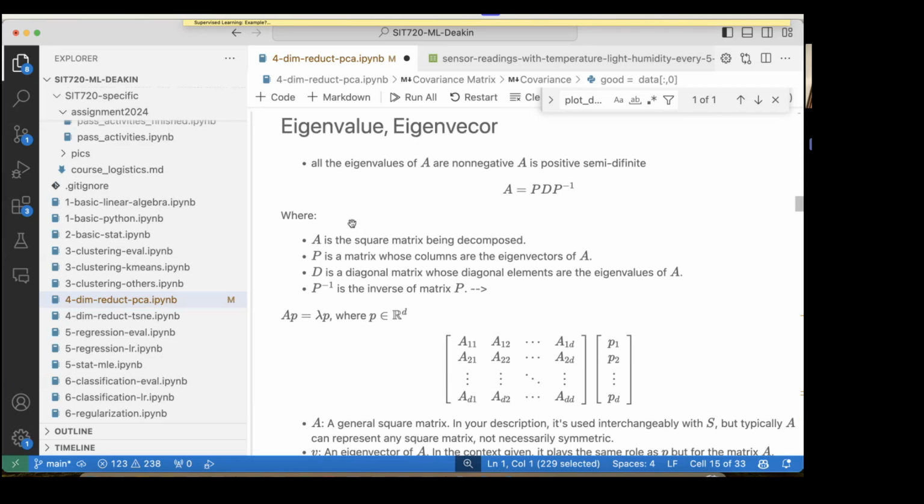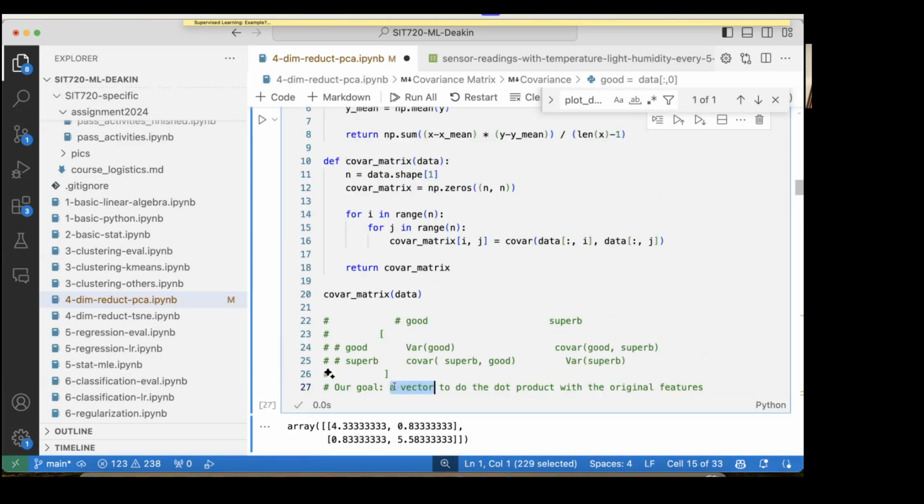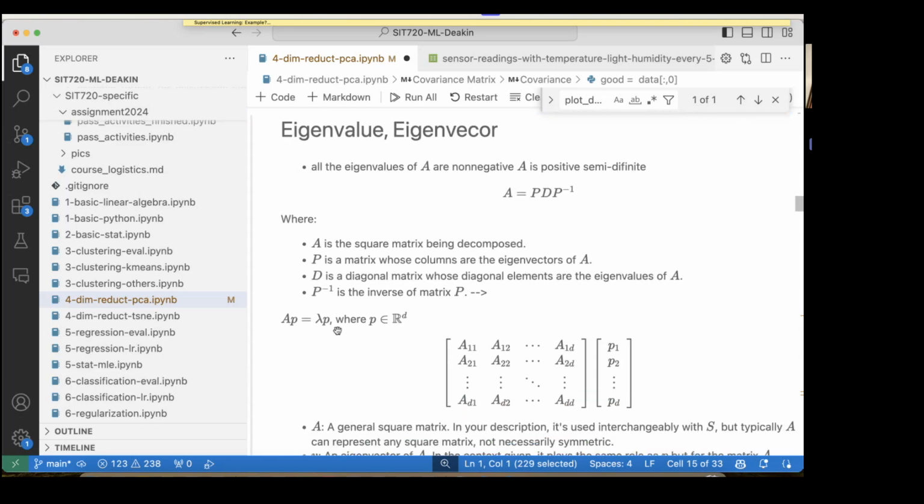Then this P is the vector we are looking for. So this lambda, what does this lambda mean? One hint: A is the spread of the whole original data. This is also spread, but it is one value. This is a value that measures what kind of spread. This is my question.